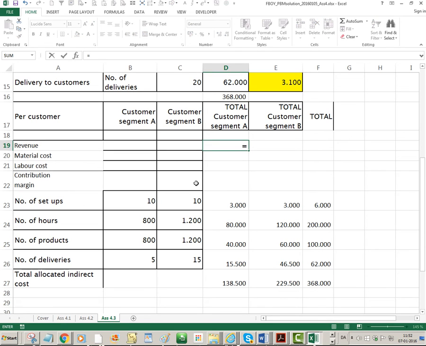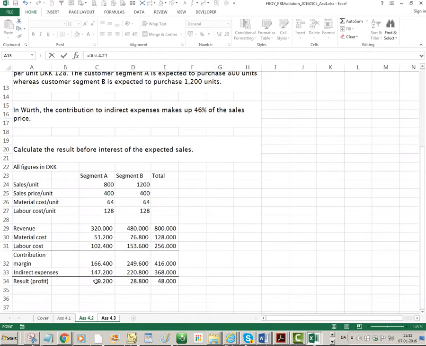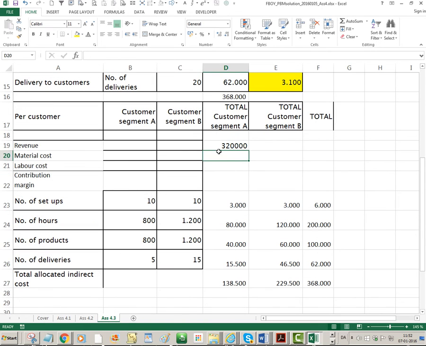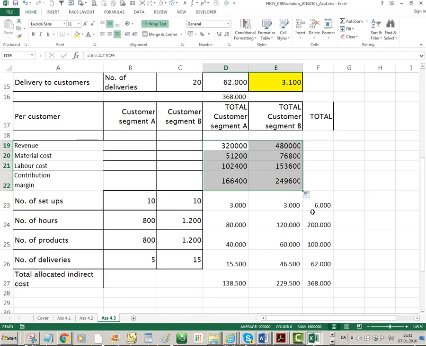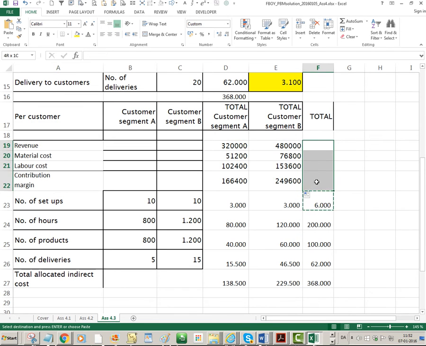I think I'll do it the more lazy way and just refer to the other sheet. So this was revenue for segment A is here. And I think I should be able to pull this down and pull it over there as well. Can I copy this? Control C.